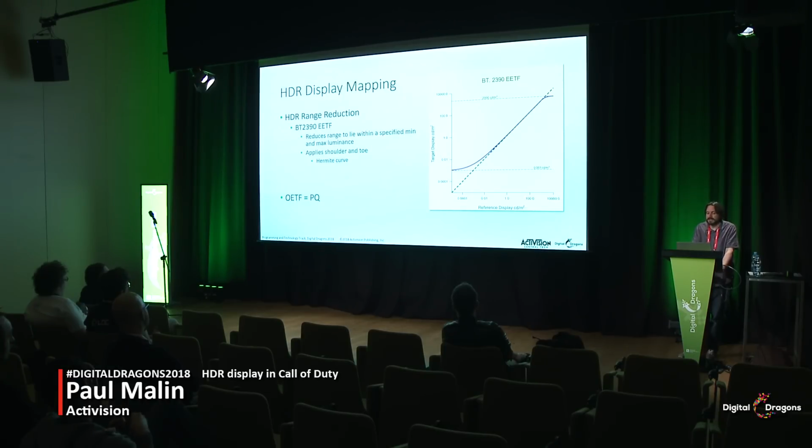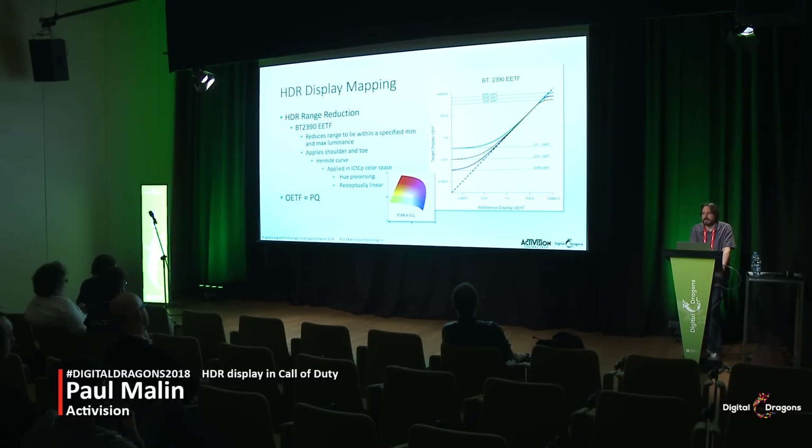We used the DD2018 transfer function for this. This standard is really a standard for TVs to tone map HDR inputs into their own range, but it actually suited our needs quite well. For HDR output, we used this transfer function to handle the majority of the display mapping. This function applies white and black point adjustment, specifying the min and max luminance in nits.